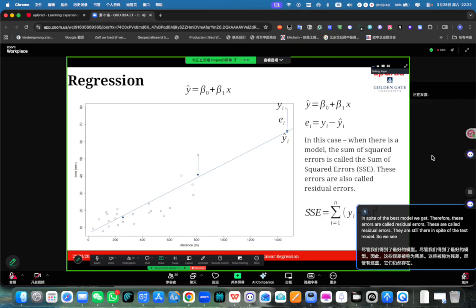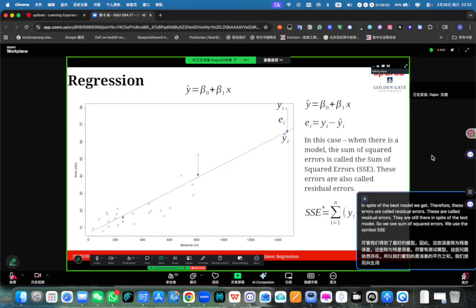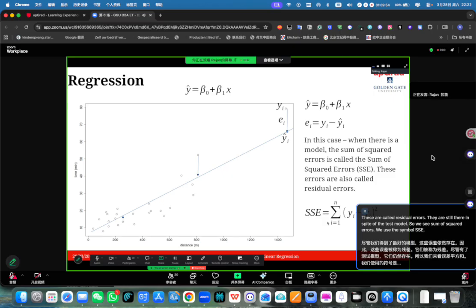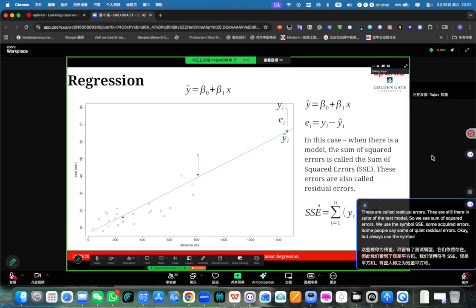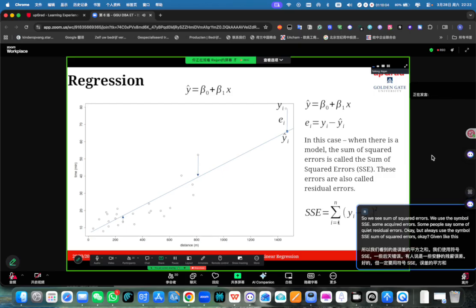We use the symbol SSE for sum of squared errors. Some people say sum of squared residual errors. It is given as yi minus yi hat, the whole square.